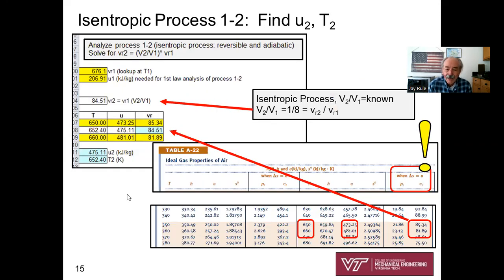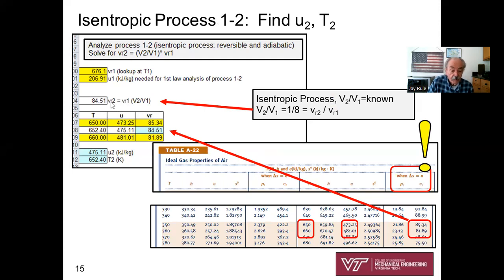Now we're going to do our analysis because we've got to find u2, and we also have to find T2. The way we're going to do that is recognize that 1 to 2 is isentropic. We looked up vr1, so we're going to solve for vr2.